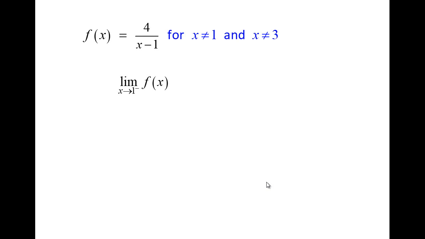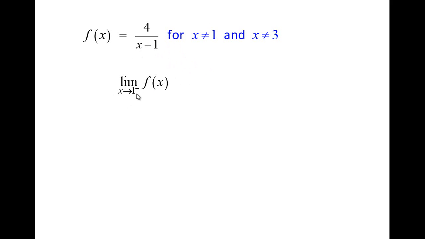then if I take the limit of f as x goes to 1 from the left, notice that we know that this guy will have a vertical asymptote. This is in reduced form and the denominator vanishes at 1, so we know that we have a vertical asymptote at 1. However, I still want to know the behavior of the function on the left and right side of 1.